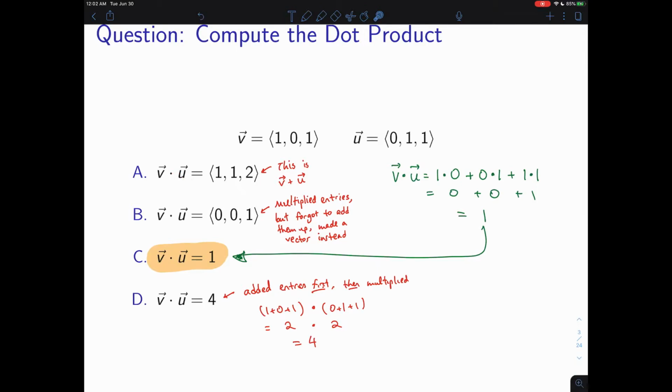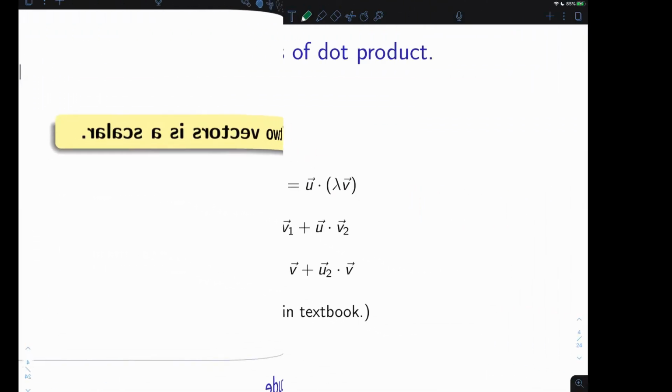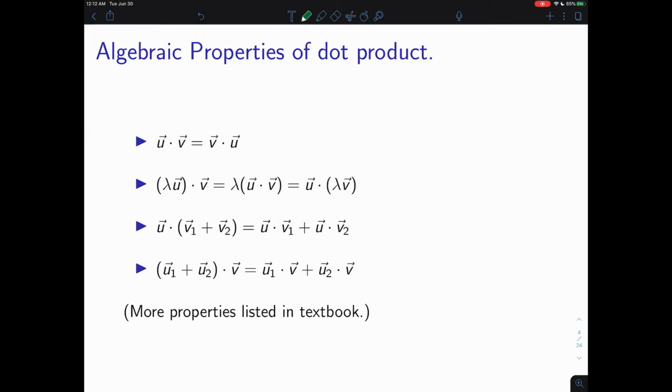This student, A and B, both of them, they put vectors as their answer, but you know that can't be right. A dot product is always a scalar output. All right, so we've got our definition of dot product and how to compute a dot product, and we know that the dot product of two vectors is a scalar.